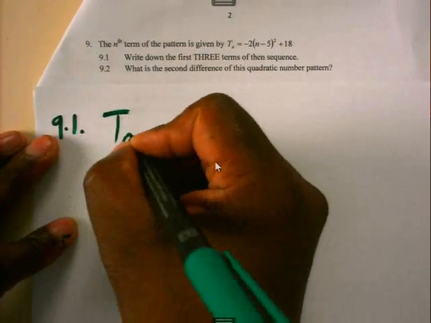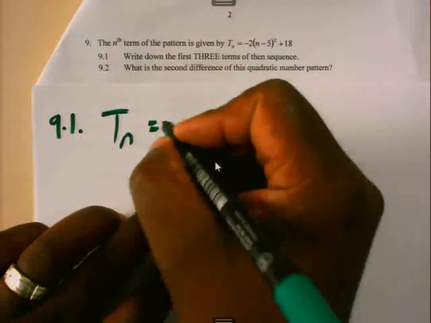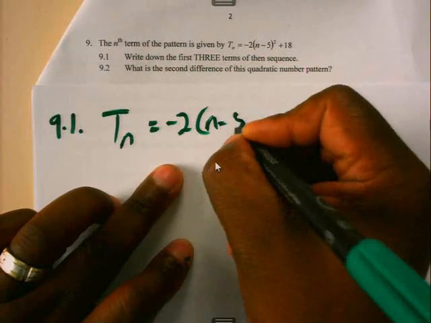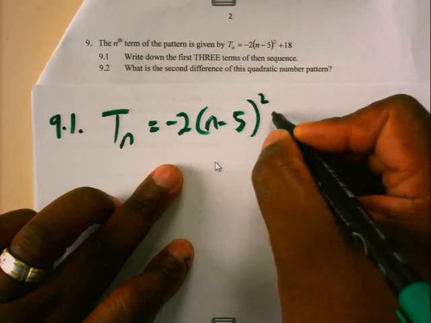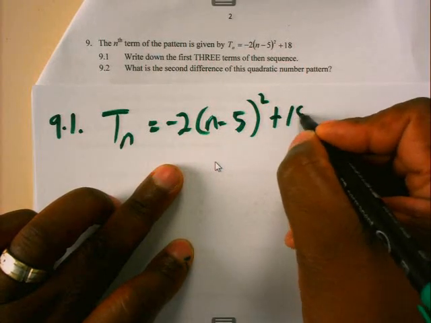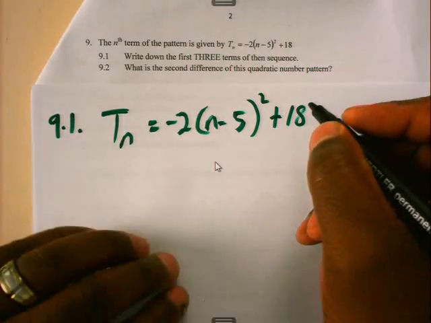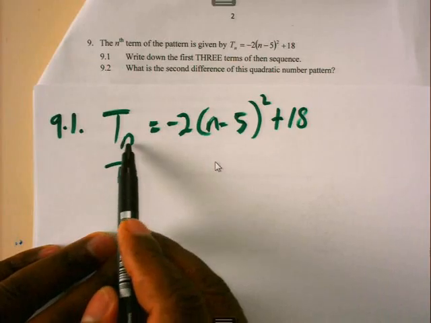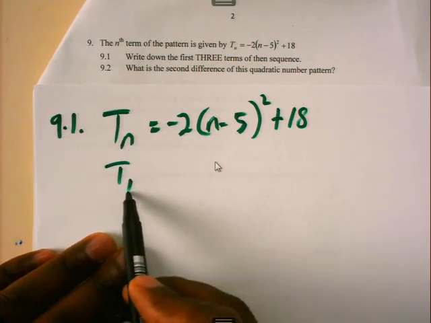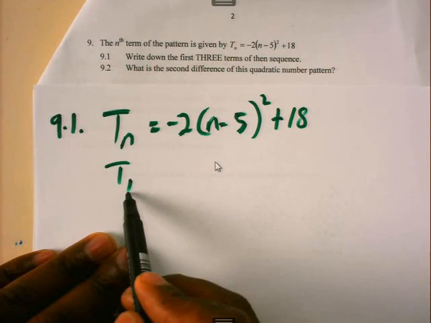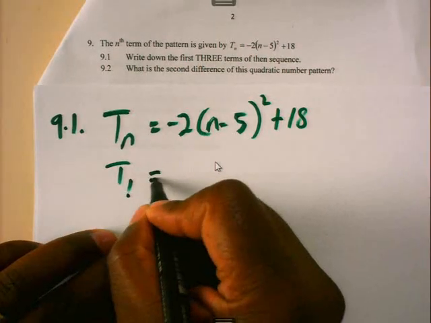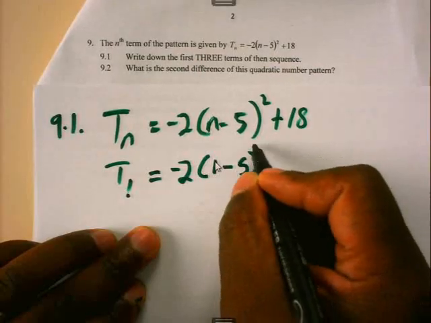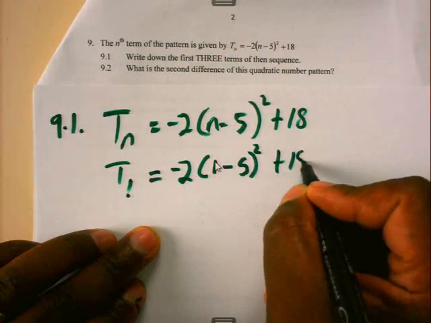We have the nth term, which is equal to minus 2 times n minus 5, all squared, plus 18. So the first 3 terms of the sequence, let's determine the first one. It means you substitute n by 1. Wherever you see n, you write 1. It's minus 2 times 1 minus 5 squared plus 18.